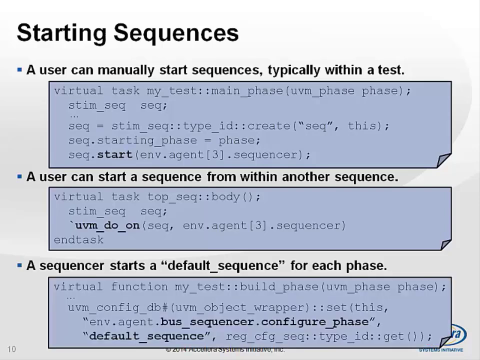Or it's worth mentioning that every UVM sequencer in the test bench, each time a phase is entered, each time we begin a phase, it queries the configuration database for a default sequence. And then it builds and starts that sequence. Here, this test says that when the bus sequencer enters the configure phase, it should run the register configuration sequence.